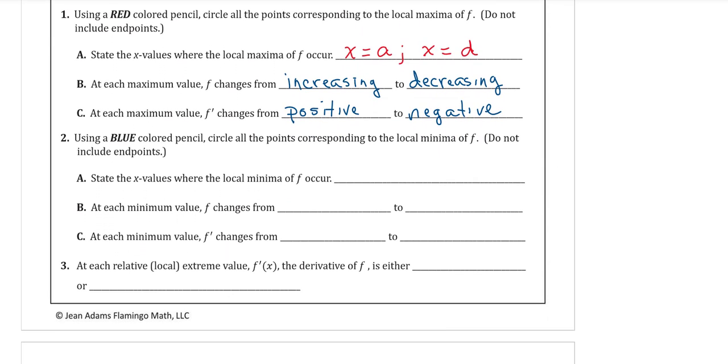It happens at x equals c, and f is decreasing before c and increasing after c. F prime will have a negative slope before, and after you reach c, it changes direction and has a positive slope.